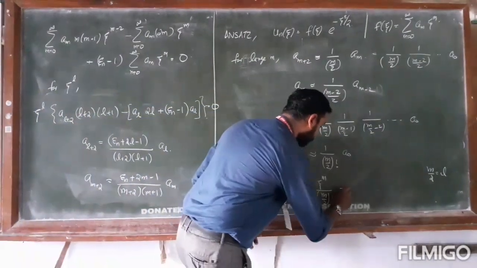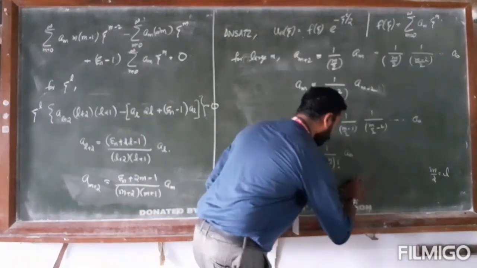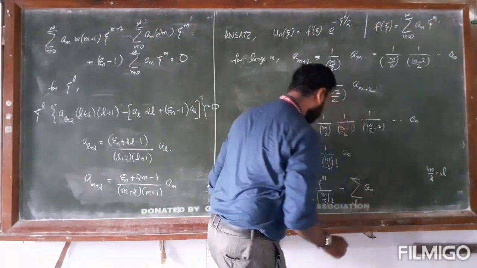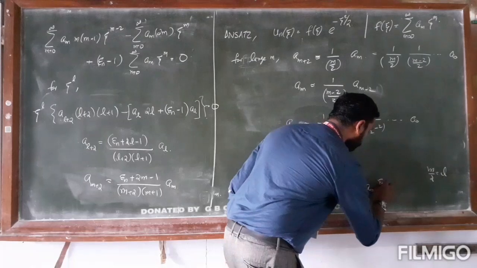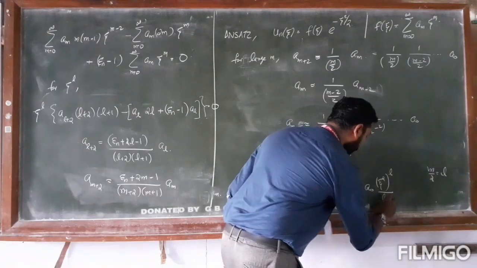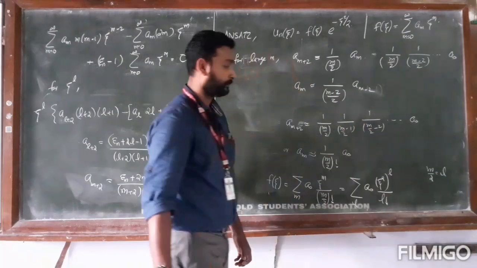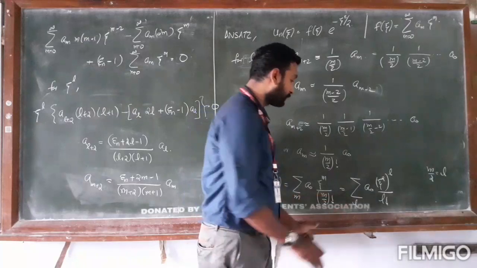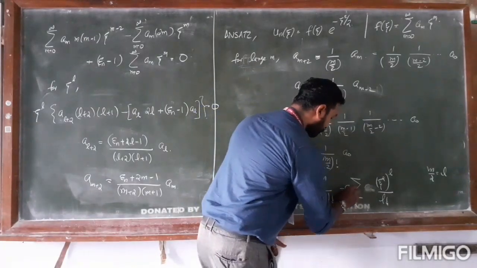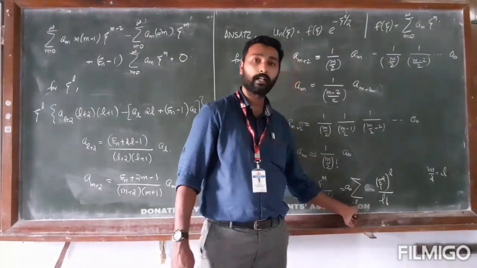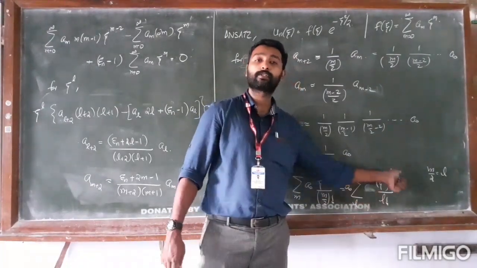So this becomes the sum over L of a_0 theta square raised to L divided by L factorial. a_0 is just a constant, so I can take it outside. Theta square raised to L by L factorial, summed over L, is nothing but e raised to theta square.